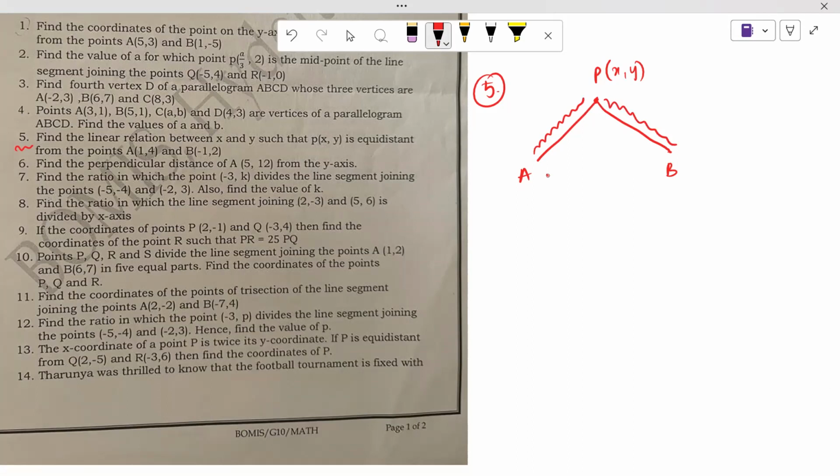That means whatever the distance from A to P is, the same distance from B to P is also. The point A is (1, 4) and the point B is (-1, 2).